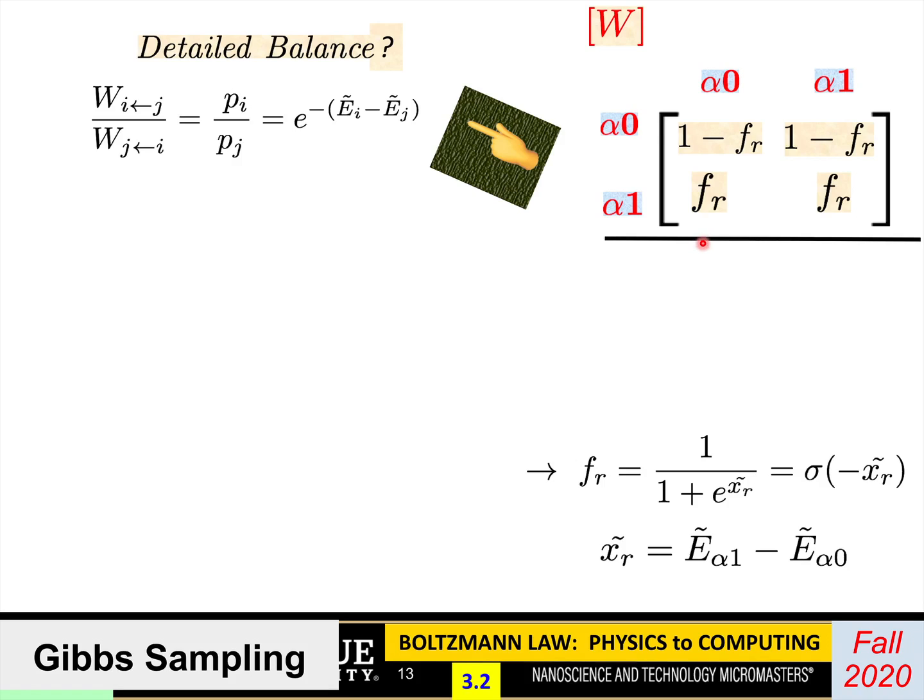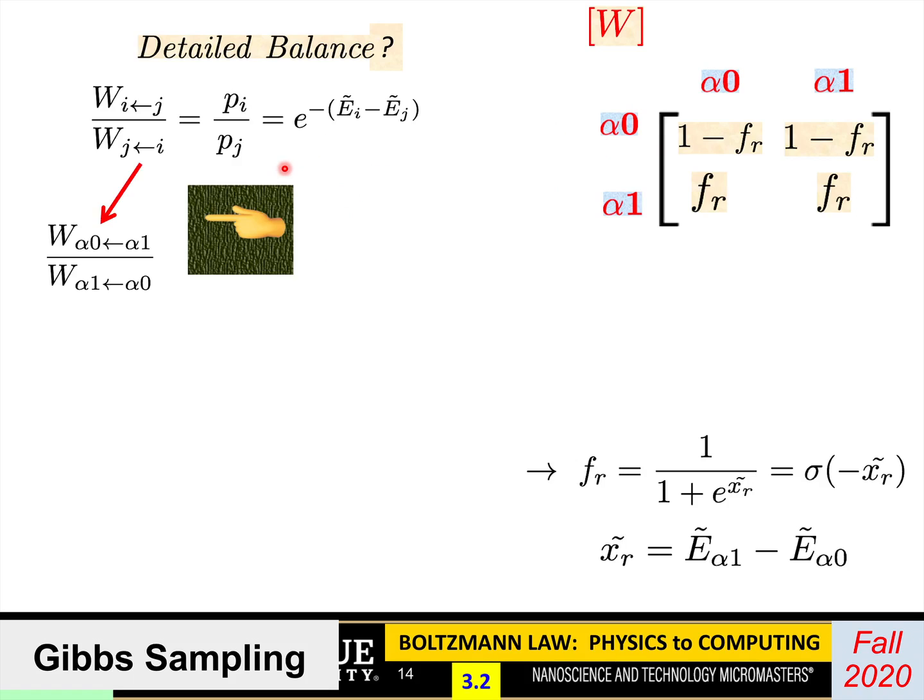Another question you could ask is detailed balance, because if you remember, in the last lecture, we said that one way to ensure that the W matrix will give a stationary distribution that matches the Boltzmann distribution is to ensure this detailed balance, that W j to i and W i to j are in the ratio of this exponential, with these energies for j and i. And the question is, what we wrote down here, does that satisfy this condition?